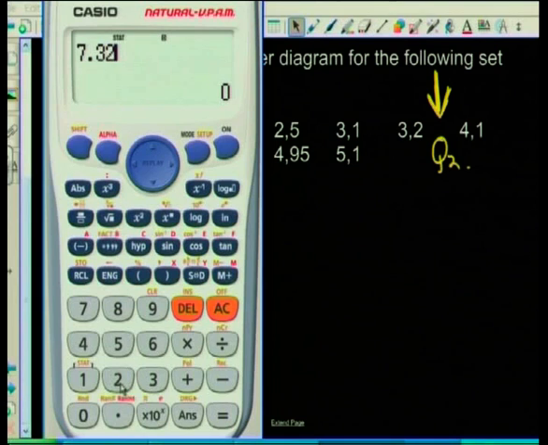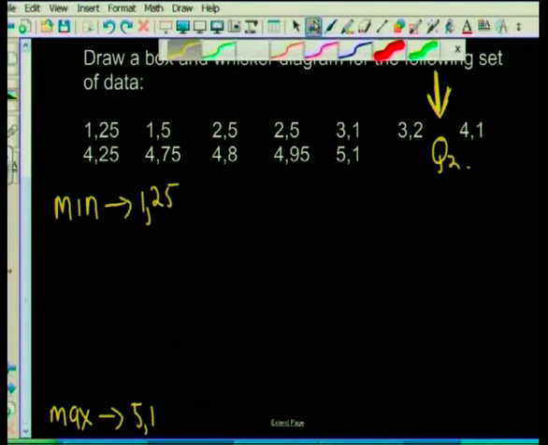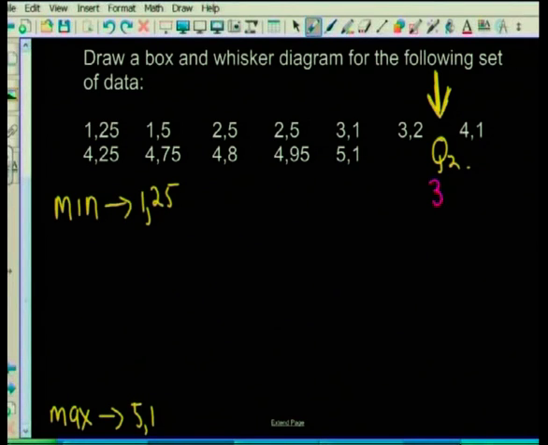Goodness, 7.3. That's why I always say it's easier just to work in your head. So my value for Q2 is going to be 3,65. So let's write that in. 3,65. And I'll put it over here as well.